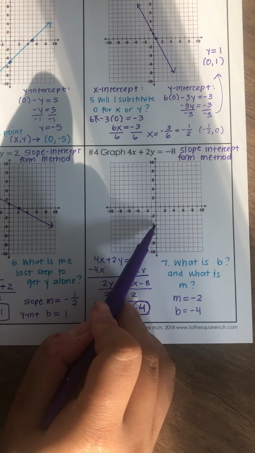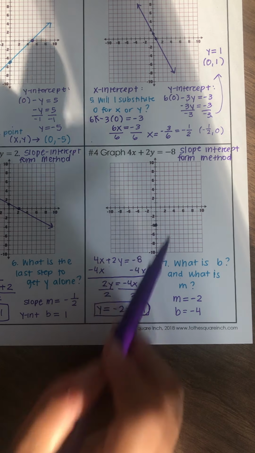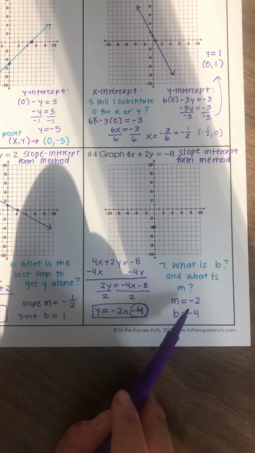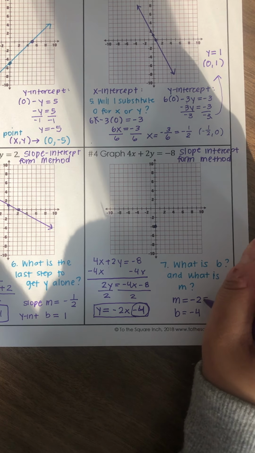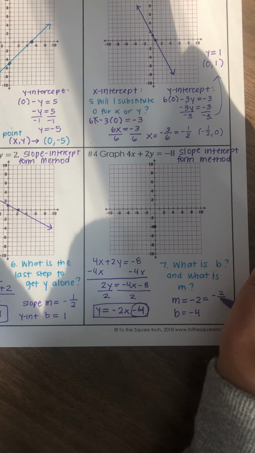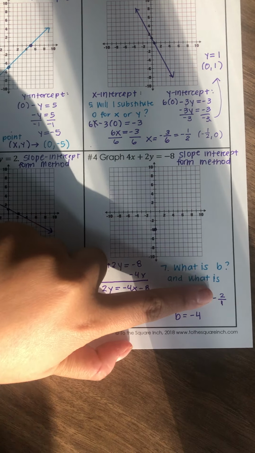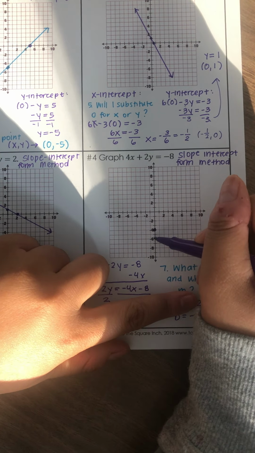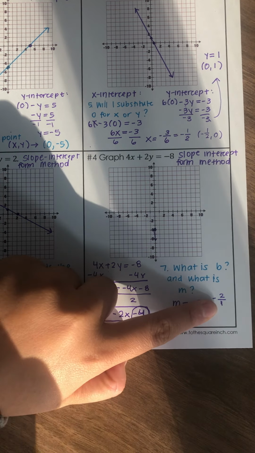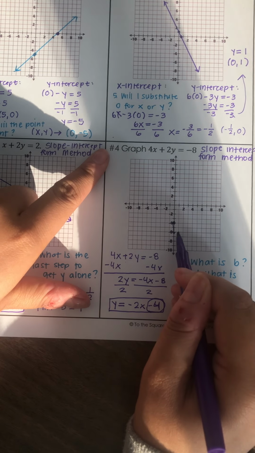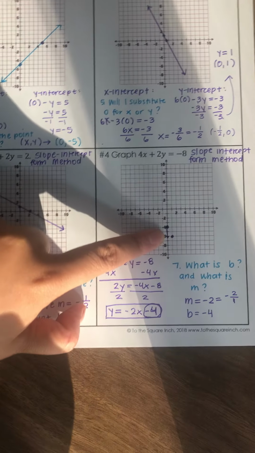So I will plot my y-intercept at negative 4. And my slope of negative 2 is the same thing as negative 2 over 1. So my rise is a negative 2, and a run of positive 1, giving me my point right here.